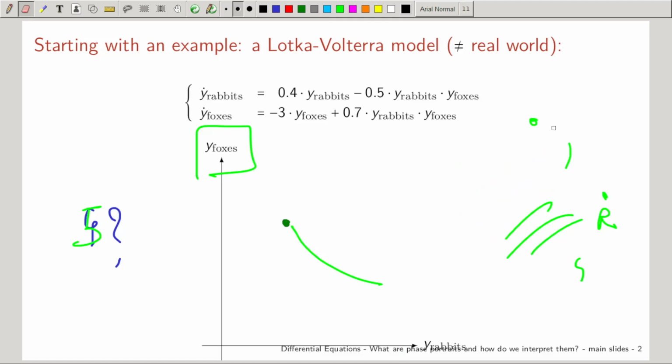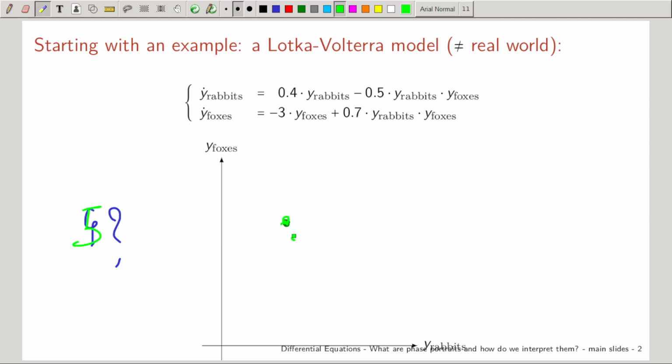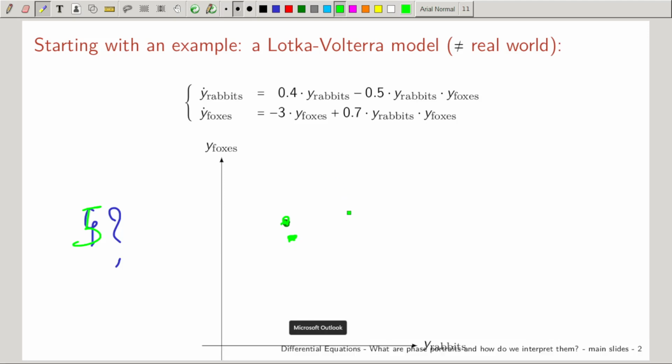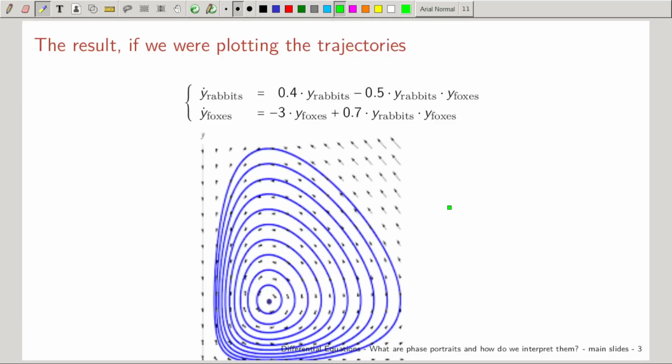Now, if I do Euler and I find this point here, and then I continue iterating Euler, I will find something that looks like this, and then I iterate. What is this stuff here? This one is called phase portrait.